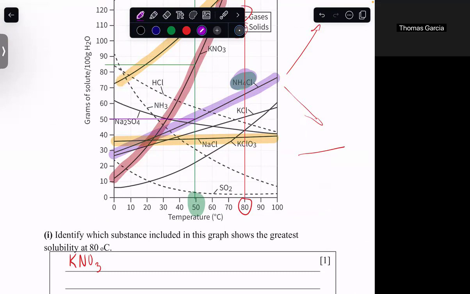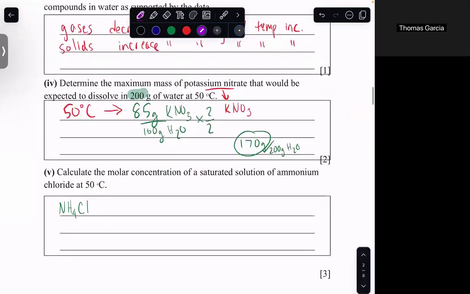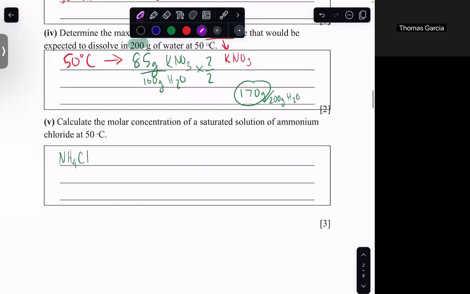And we notice that there's about 50 grams at 50 degrees Celsius. About 50 grams. Now they ask for molar concentration, which is the same thing as molarity, which is equal to moles over volume. So the problem is we don't have moles or volume.